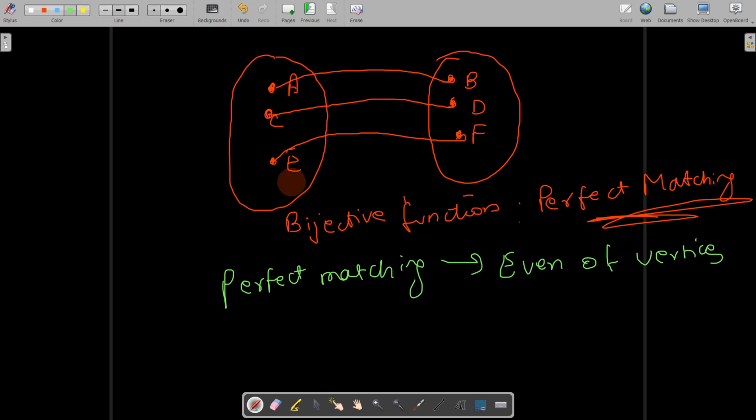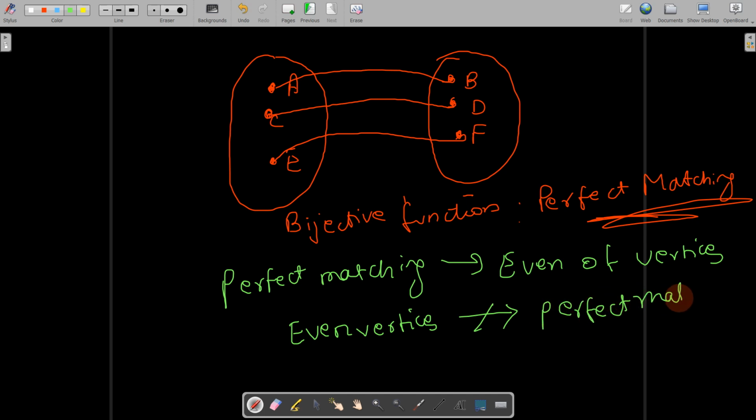So if there are 3 in the first set, there will be 3 in the second set as well, to total 6. That is an even number, right? But if you have an even number of vertices, that does not mean the graph will definitely have a perfect matching. That means if you observe that there are an even number of vertices in the graph, you cannot directly conclude that there will always be a perfect matching.